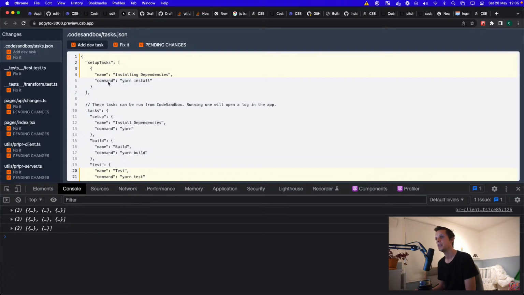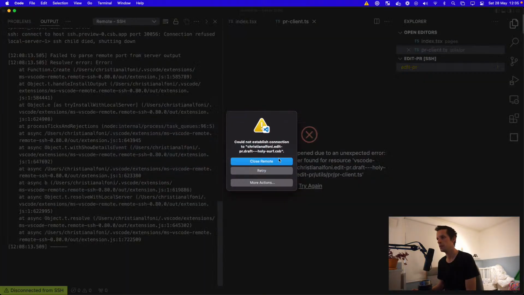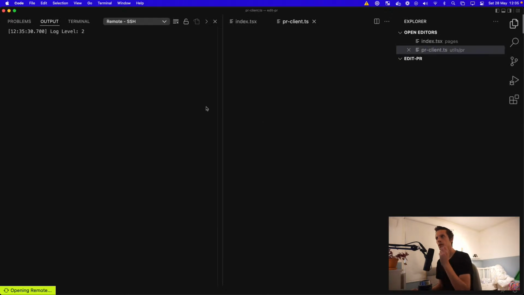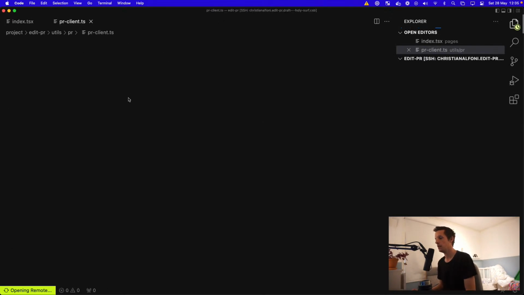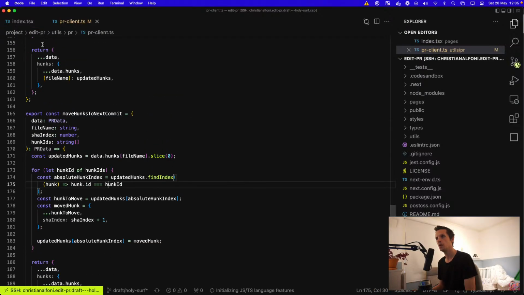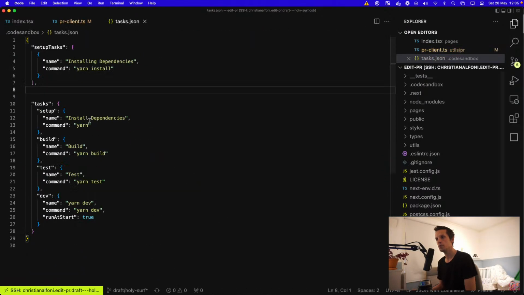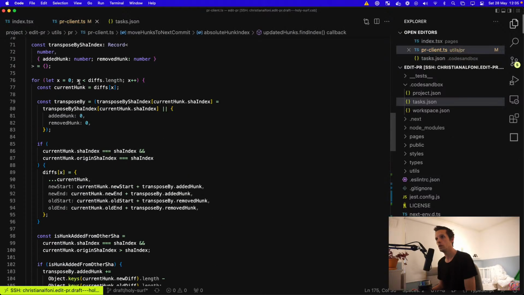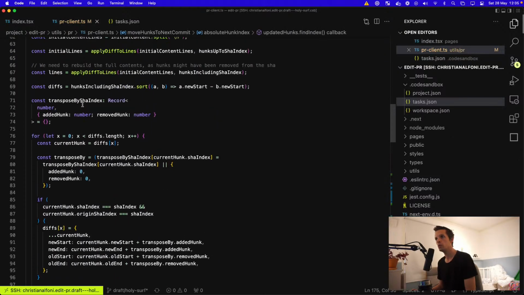And I don't think there's any transpose. Let's just comment out the transposing just to test that theory. Where is the transposing? Here we transpose.